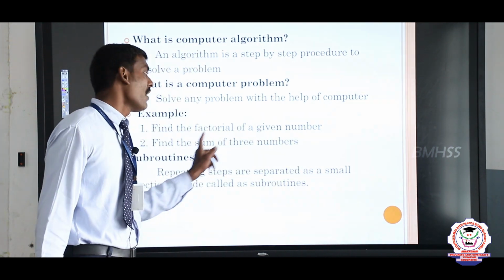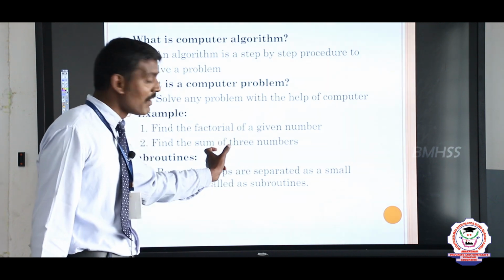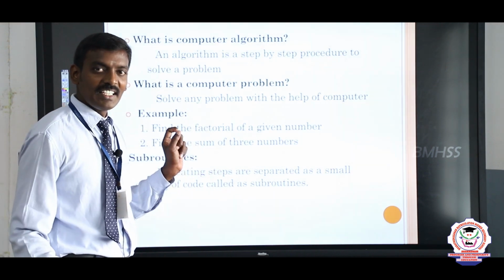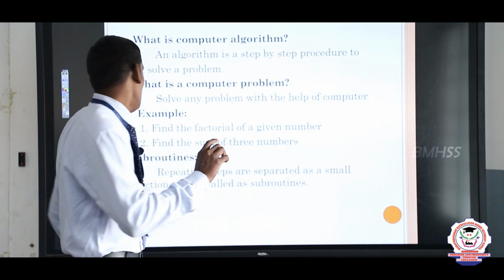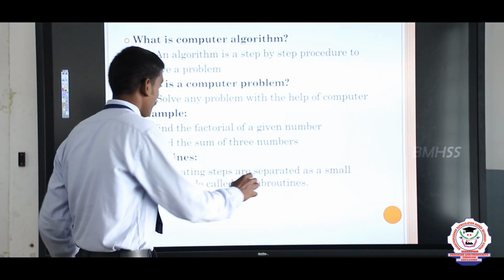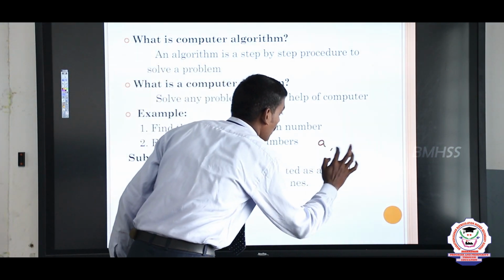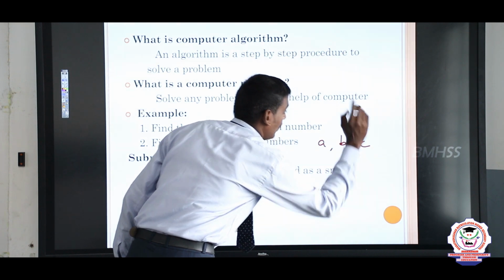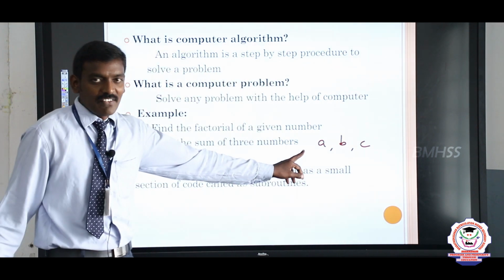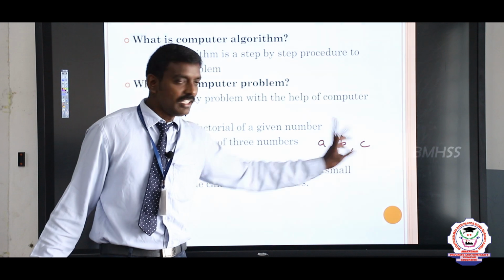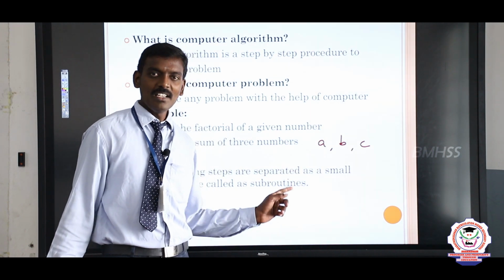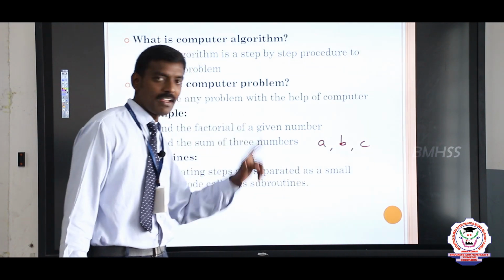Next, sum of 3 numbers. In this, we take 3 variables: A, B, C. A is a variable, B is a variable, C is a variable, and then we assign some values to them.